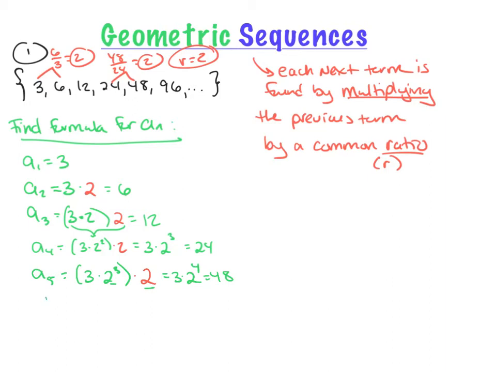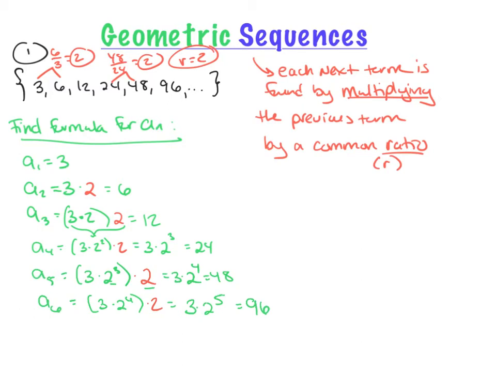Okay, one last one. The sixth term is 48, or 3 times 2 to the fourth, times another common ratio, so 48 times 2. I know you all know that's 96, but to look for the pattern, I'm going to rewrite this as 3 times 2 to the fifth.